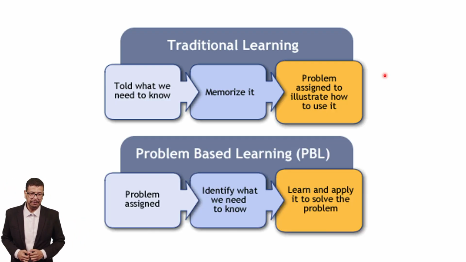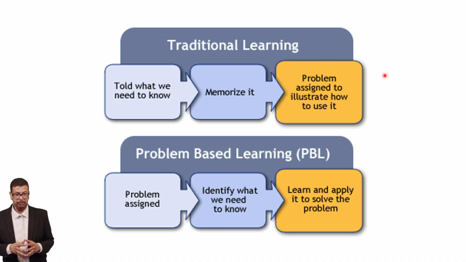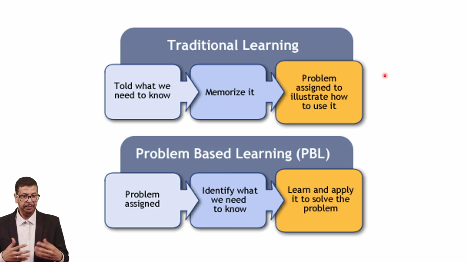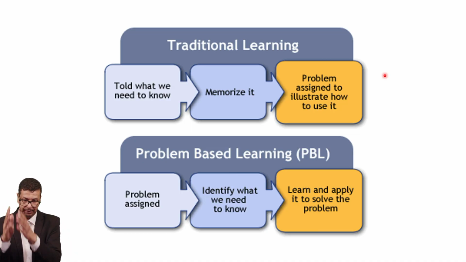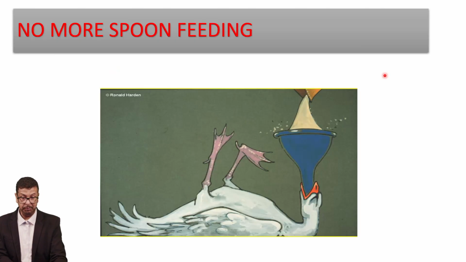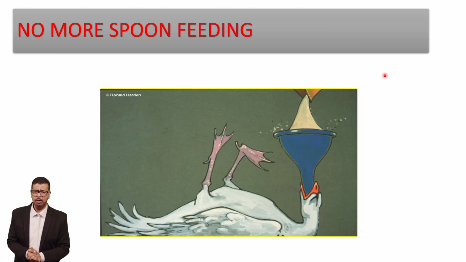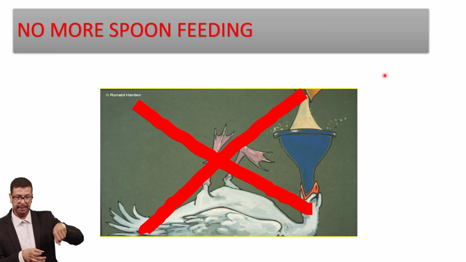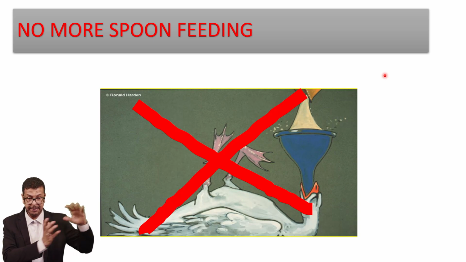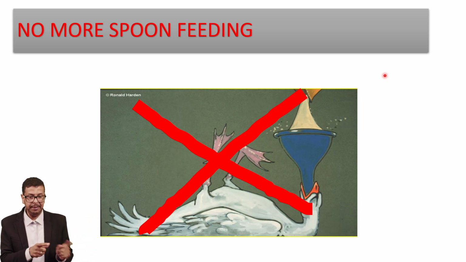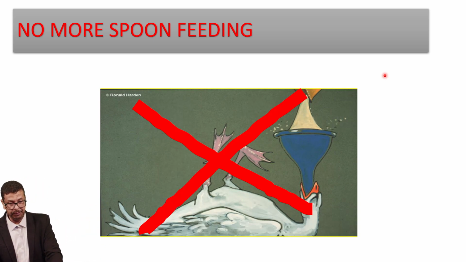While in problem-based learning, you are assigned the problems, you identify what you need, and then you learn how to apply it. So the starting point of the learning process here is a problem. In the classical approach there is spoon-feeding, but in problem-based learning there is no spoon-feeding like this.